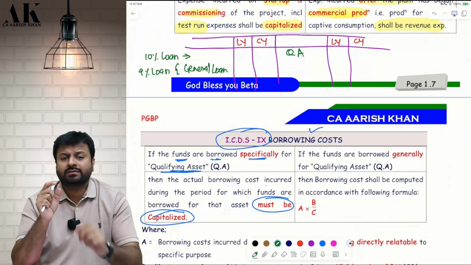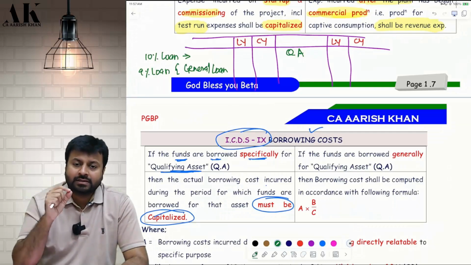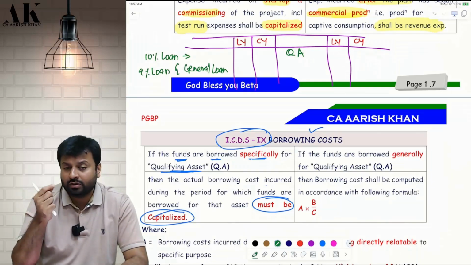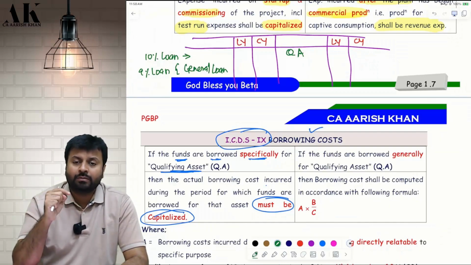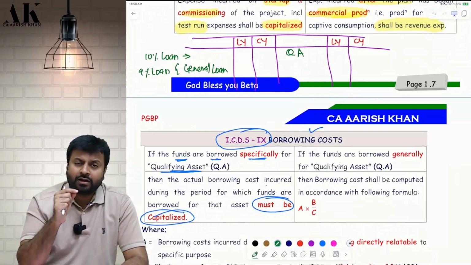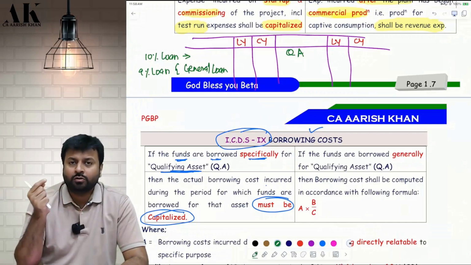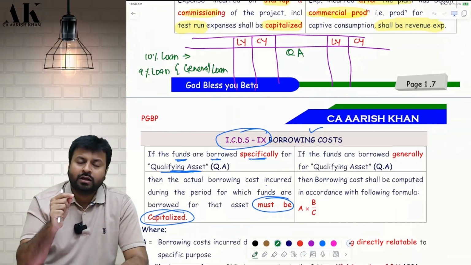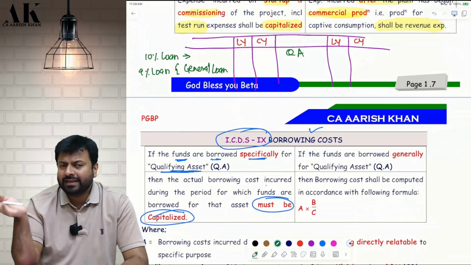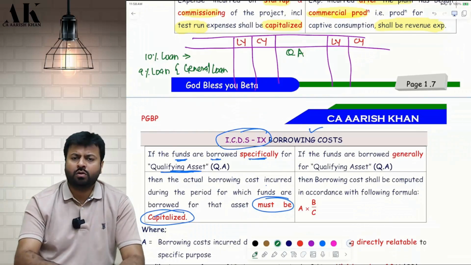Now, some portion of that loan might have gone to qualifying asset. Some portion of that loan might not have gone to qualifying asset. Some portion might have been used for the purpose of buying stocks. Some portion might have been used to buy some other assets. Some portion might have gone to pay taxes. Some portion might have been there in the bank and the cash balance. I don't know.